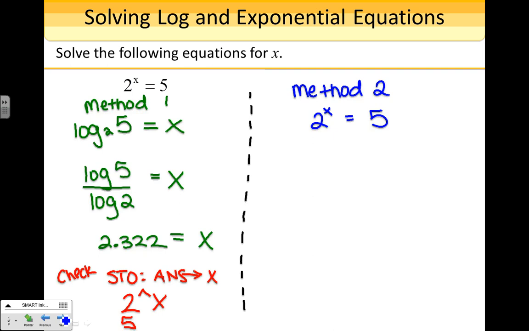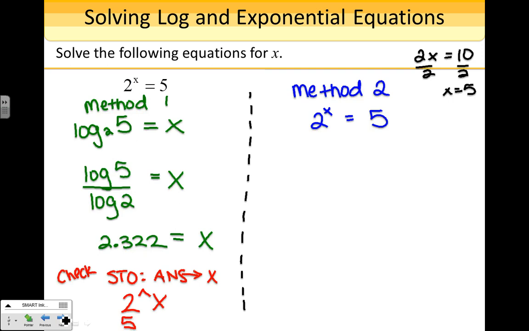What is the relationship between exponential equations and log equations? They are inverses of each other. So just like if I had 2x equals 10 and I wanted to solve for x, 2 times x, I would use the inverse of multiplication, which is division, to solve for x.